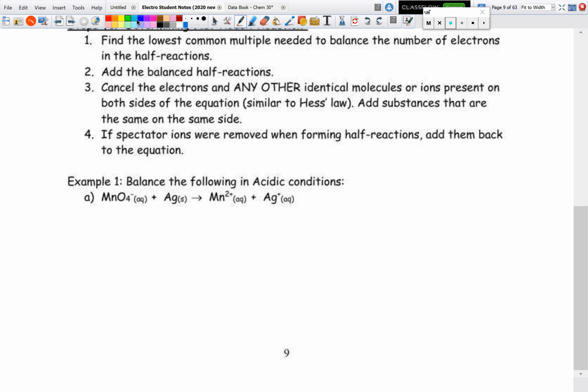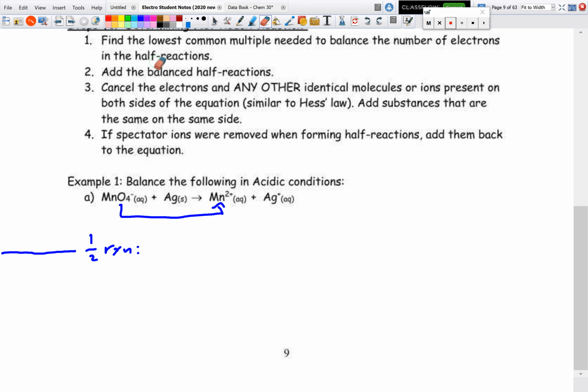So for that first step, writing out the unbalanced half reaction, we look at what is happening. Specifically here we can tell permanganate is going to manganese 2+. So this is an unknown half reaction, and same thing, we have silver going to silver plus. These are our two half reactions. Our first one we have a blank because it's unknown half reaction. Why don't we get two colors so we can tell them apart.